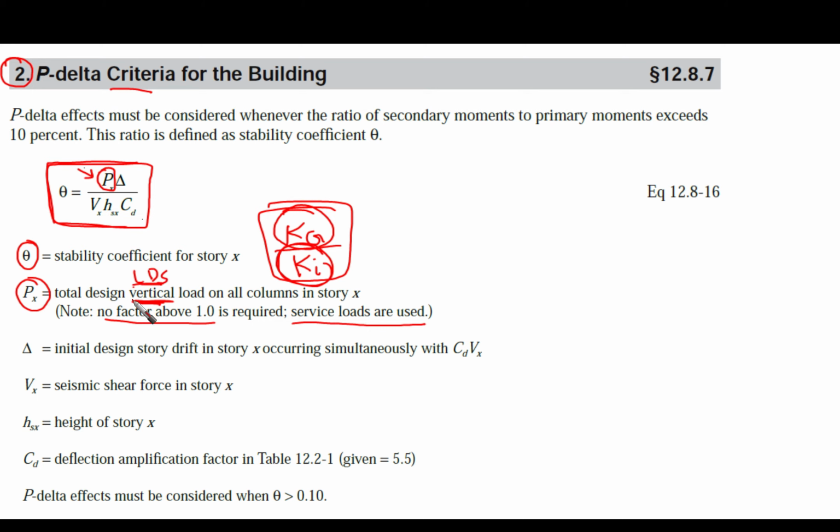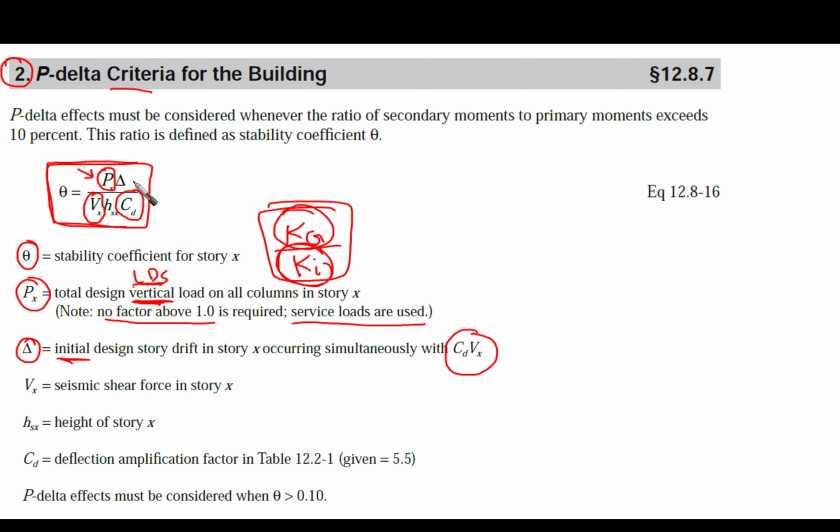Take care of this. Okay, and now for delta, which is this one, it is the initial design story drift as we have obtained it, in story x occurring simultaneously with CD and Vx. That's right, because we use CD here and Vx here.